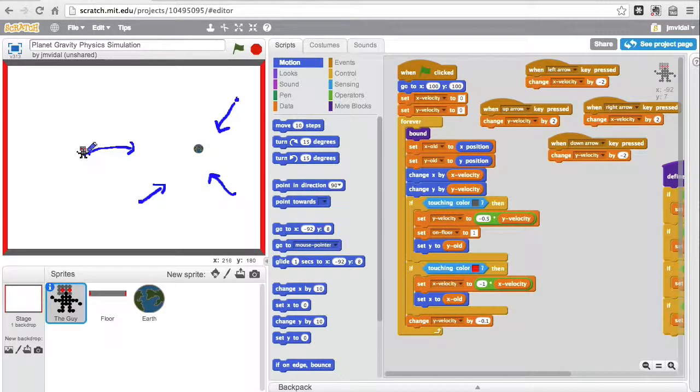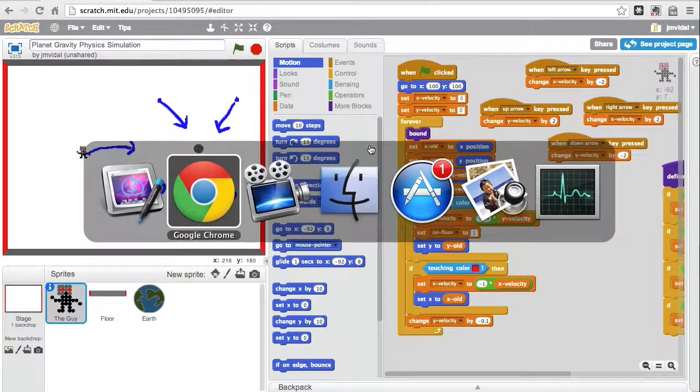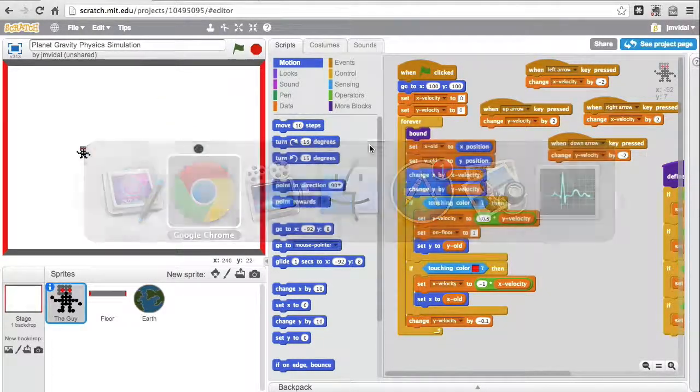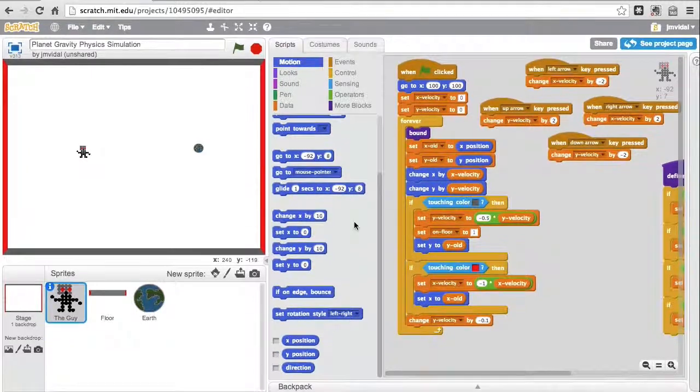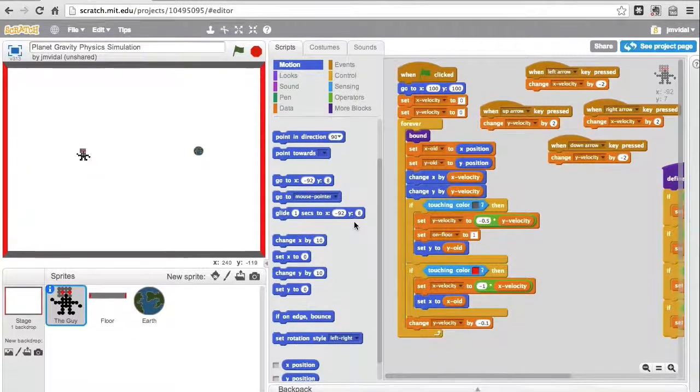So all we need to do is figure out what's this vector, what's this direction. Wherever he is, I need to figure out what direction points me towards the Earth. And luckily, Scratch provides us with something we can use for that, and that is the point towards block.